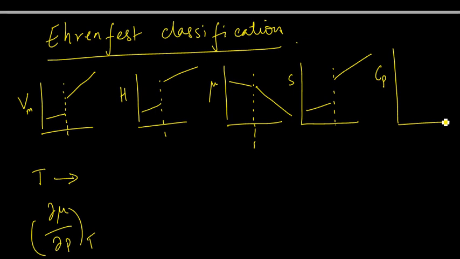Cp, the heat capacity. The heat capacity generally is given by, well, that's the lower temperature limit, but it increases with temperature. It becomes more and more difficult to raise the temperature when you go to larger temperatures.